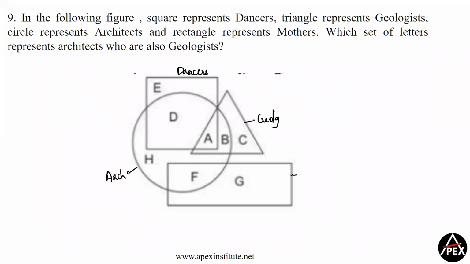And rectangle represents mothers. So which set represents architects who are also geologists? So we need to find the common region between geologists and architects. So the answer will be A and B. It should be AB. Perfect. So yeah, right answers from the majority.